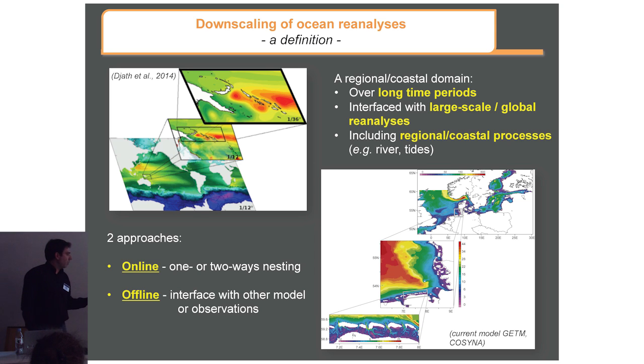The other approach, which is maybe less expensive in terms of computational cost, is we do it offline. We take the output from your previous large-scale simulation or your ocean reanalysis, and then you run over your small domain.